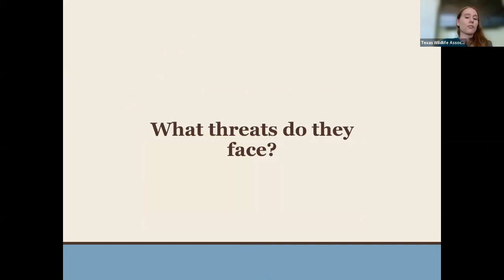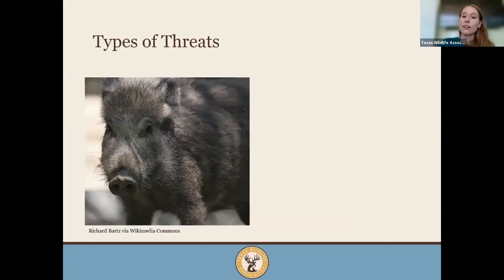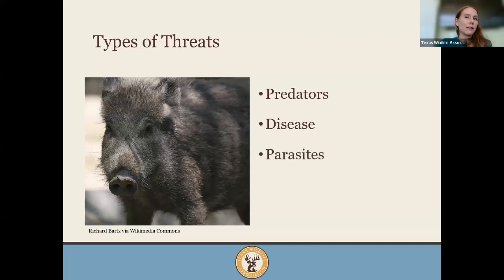All right, another question you may want to answer with monitoring is, what threats does your target species face? There are a lot of different types of threats that you might have in mind. Probably the most obvious of them is predators. So what is out there that is trying to make a meal out of your target species? You may also be concerned with parasites and disease, which go hand in hand a little bit.